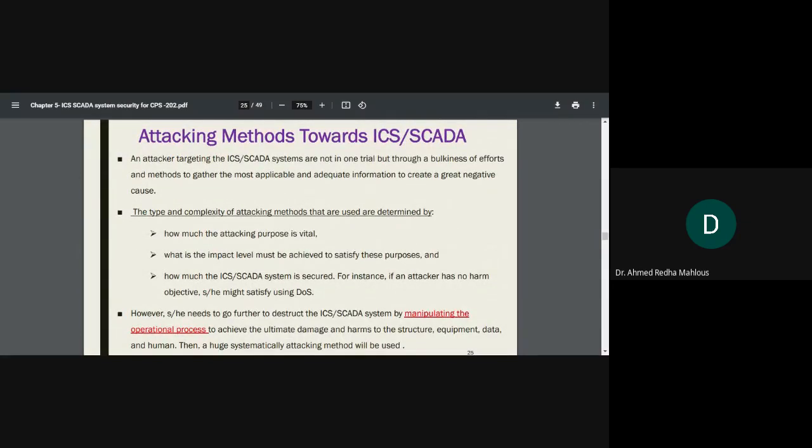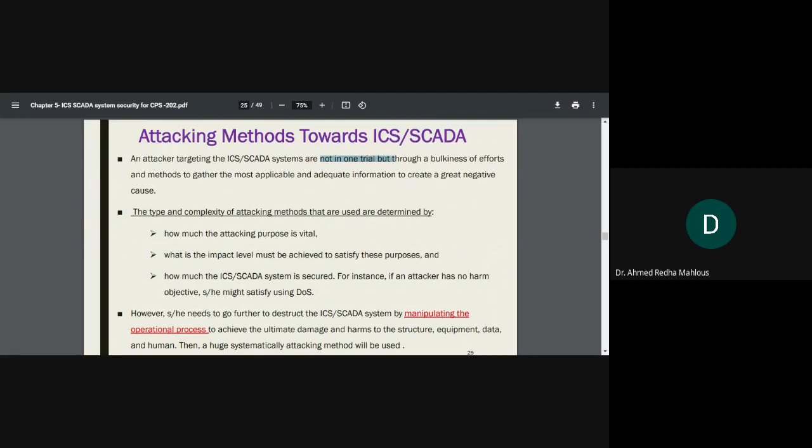In terms of the attackers, we talk about the threats and why those threats can be found. For an attacker targeting the ICS SCADA, we said that it is not done in one trial.